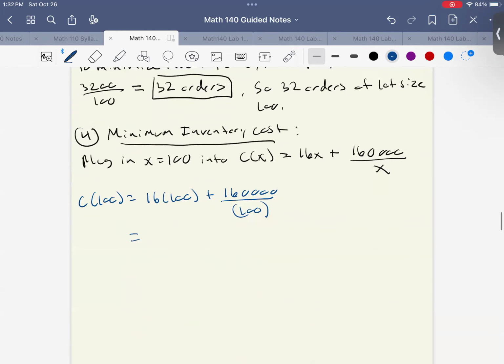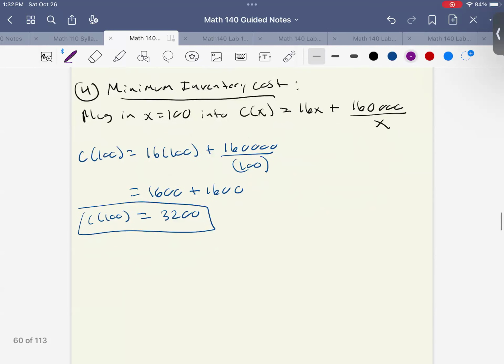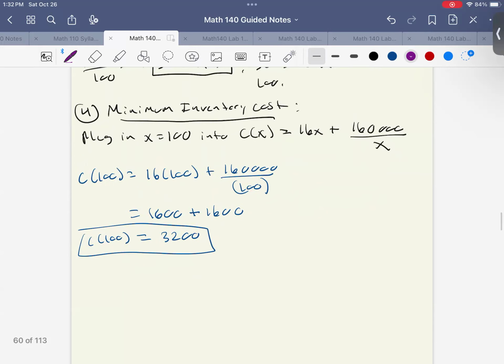And I end up with 1,600 plus 1,600, which is $3,200. Okay, so what does this mean? So what this means is the company, forgot a dollar sign here. Sorry. So that's the minimum inventory cost.